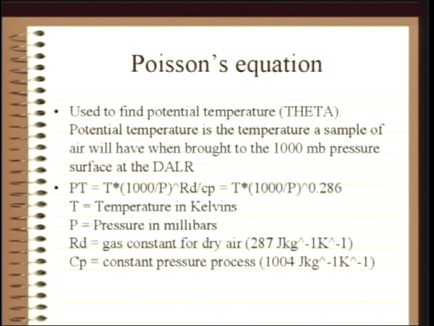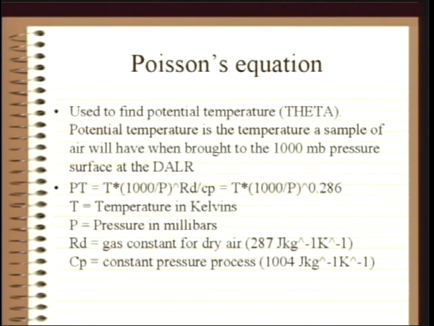You're going to need a scientific calculator to solve that, because once you take 1,000 divided by P, you have to press the X to the Y button, or the power button, raise it to the 0.286 power, and then multiply all that by the temperature to determine the potential temperature.